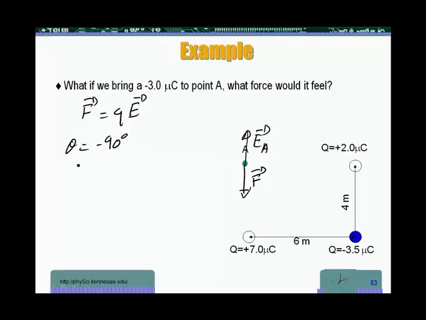And then the magnitude of F, we can find it by just multiplying the charge, 3 times 10 to the minus 6 coulombs, by the 3600, I believe, newtons per coulomb.